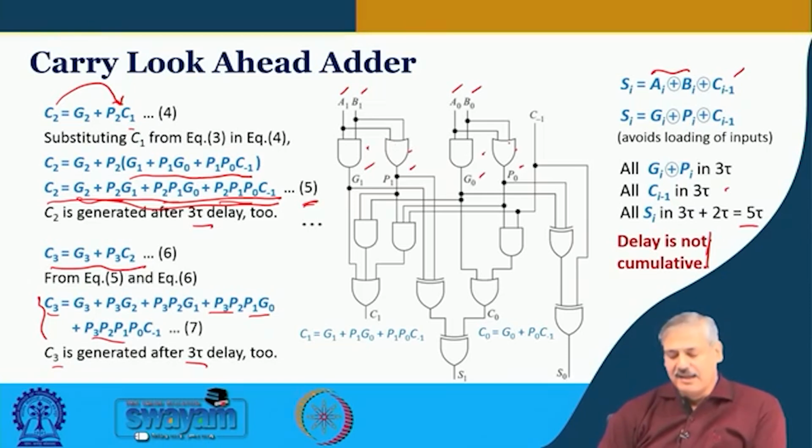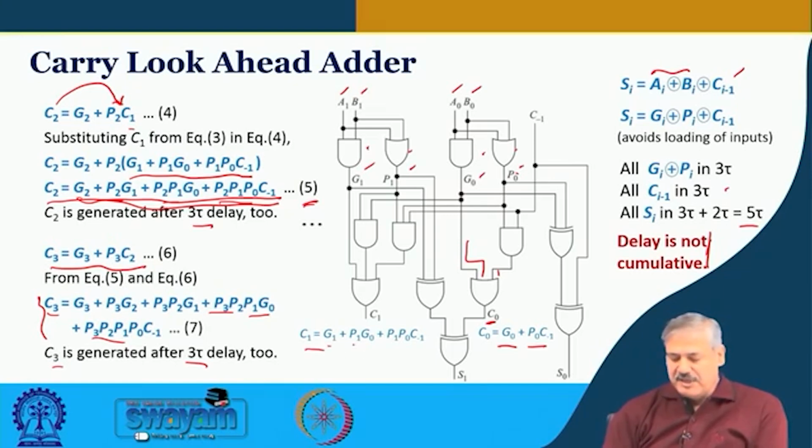Then C0 will require G0 plus P0 C minus 1, right. So, G0 is coming over here, and this is ORed with P0 and C minus 1, which is another input of the OR gate. This is how C0 is getting generated. And what about C1?